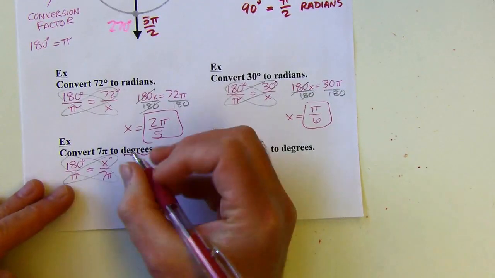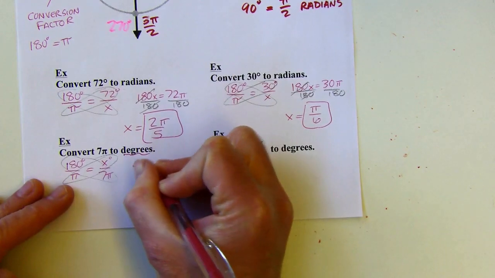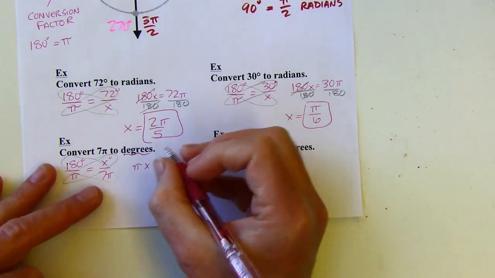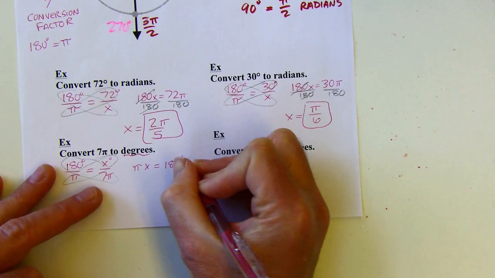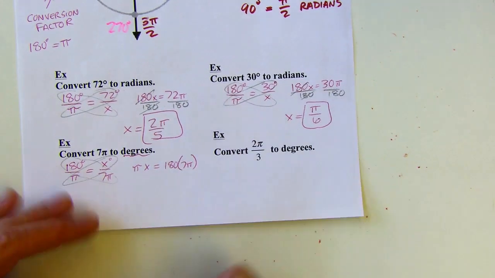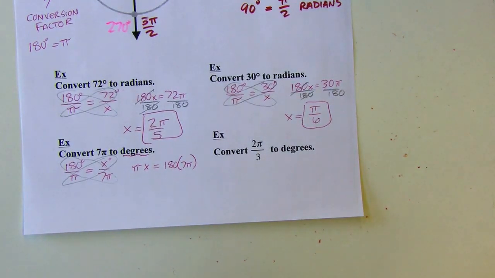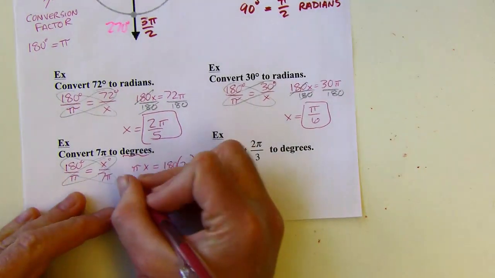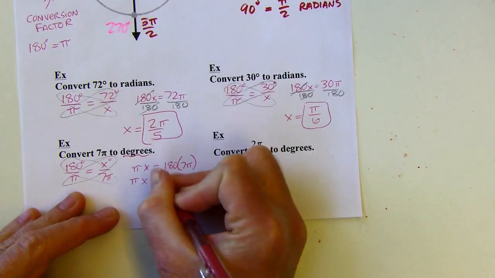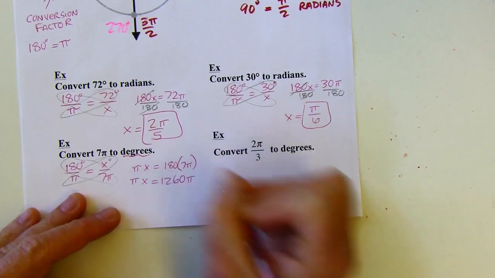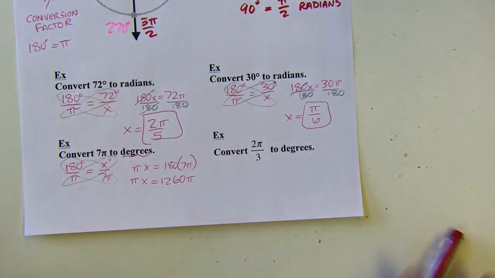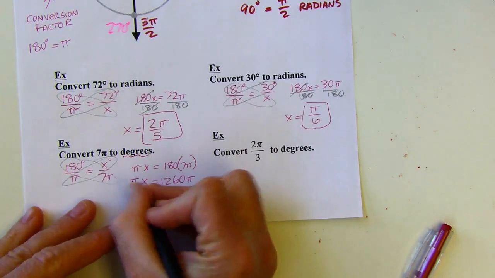But here, I've got pi times x is going to equal 180 times 7 pi. So let's see, 180 times 7 is 1260. Okay, and I still want to isolate x, so I want to get rid of the pi.